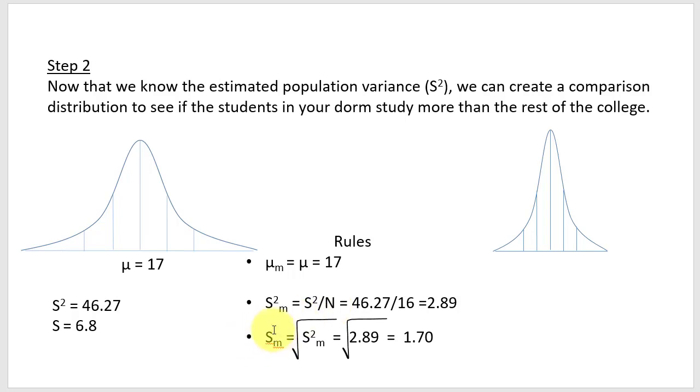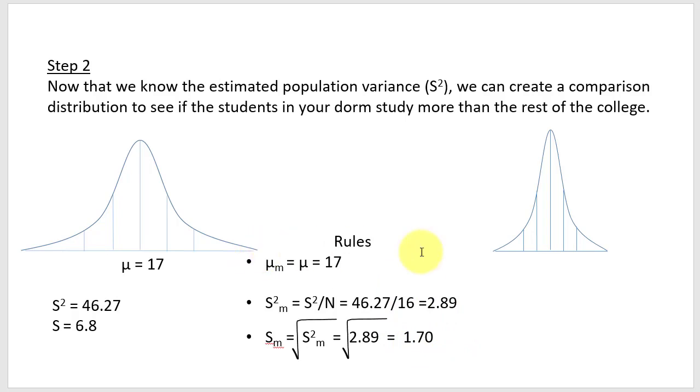The next step is to calculate the unbiased estimate of the population standard deviation of the distribution of means, which is equal to the square root of what we found in the second rule. So the square root of the unbiased estimate of the population variance of the distribution of means is equal to the square root of 2.89, which is equal to 1.70.